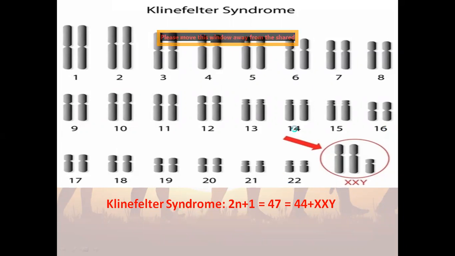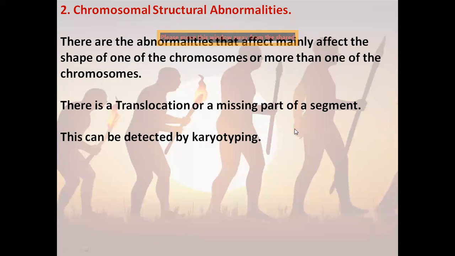And also, whenever we talk about structural abnormalities at the level of the chromosomes, this means that we have a problem at the level of the structure of the chromosomes, where it affects the shape of one or more of the chromosomes. We have translocation, meaning transportation, or movement of a piece of the chromosome into another chromosome.